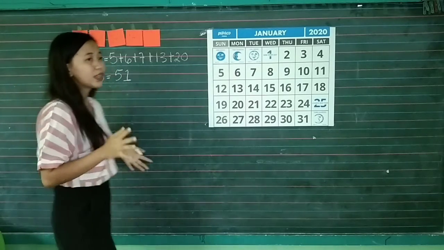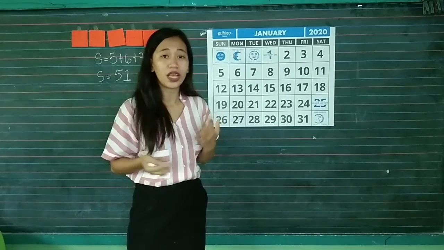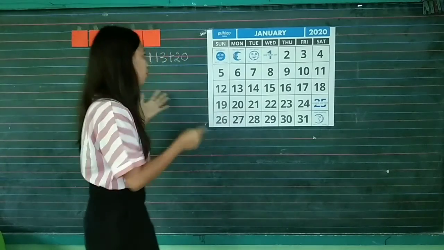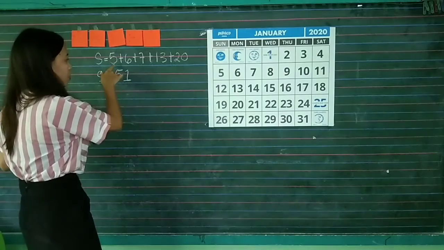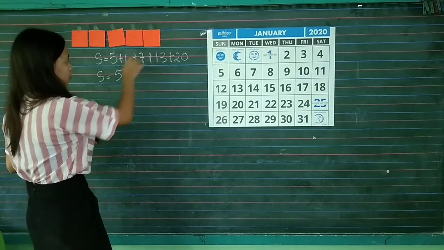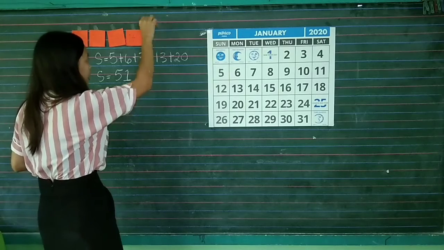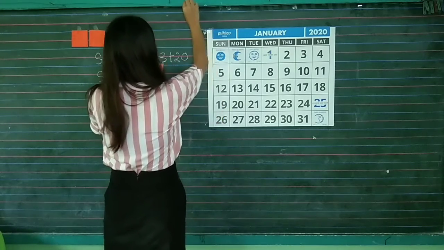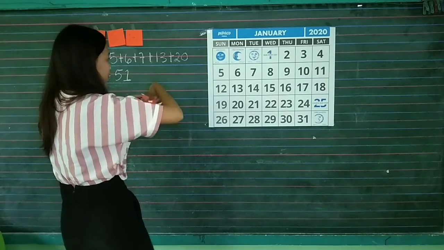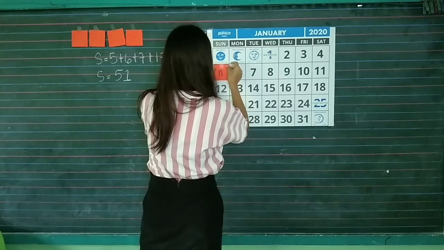So let n be our smallest number. Here, what is our smallest number? Our smallest number is 5. So let n be our smallest number. So our smallest number here is n.